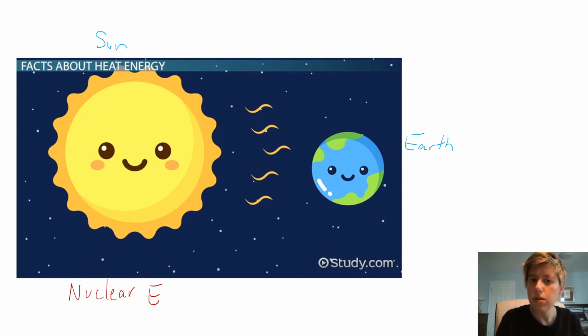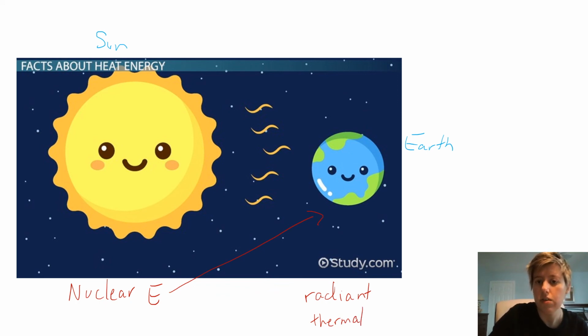And whenever it's producing solar flares, that nuclear energy going towards the Earth is being changed into radiant, because we can perceive sunlight, and it's being changed into thermal because we can perceive heat. So when I have my solar flares, I'm having an energy transformation from nuclear to radiant and thermal.